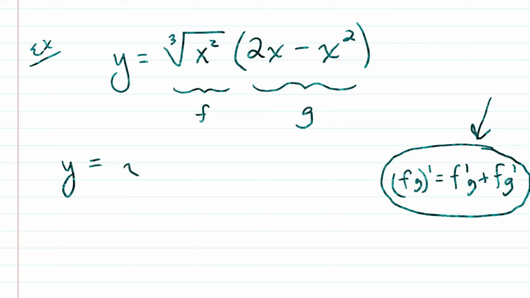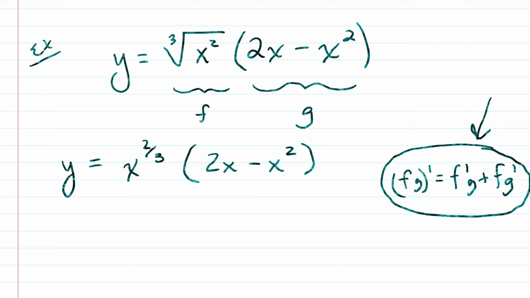So what is that? That becomes x to the 2/3 power by definition. That index becomes the denominator. What you're raising that radicand to becomes the numerator. So that's x to the 2/3 power, and then that's times 2x minus x squared. So it's still our f, and what's in parentheses is our g.